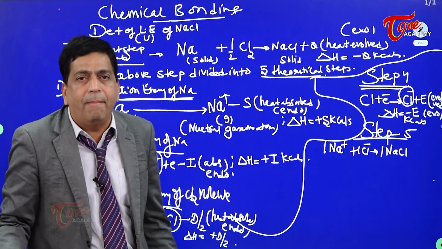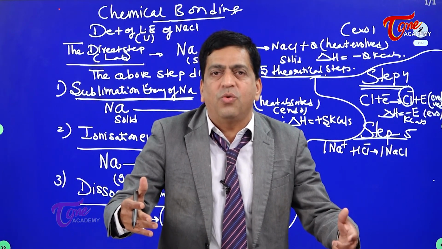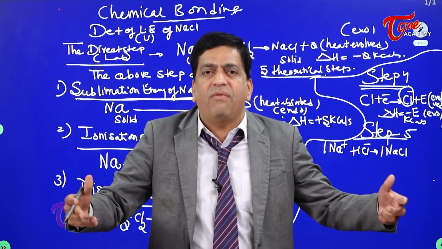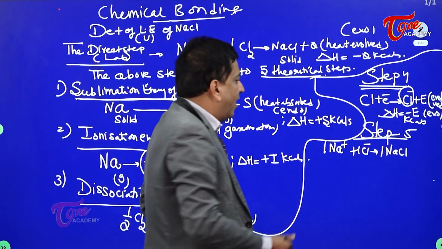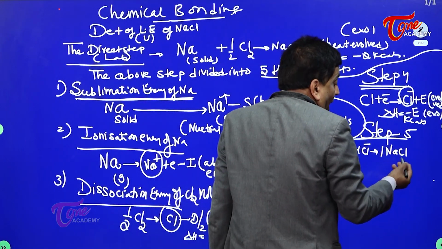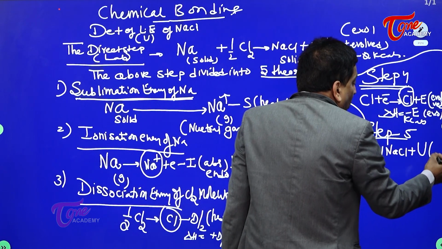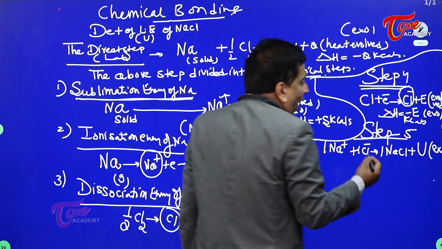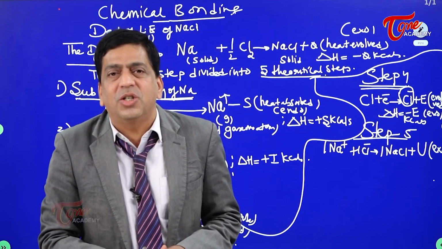No one can stop them. And one mole of positive ions and 1 mole of negative ions combining to form 1 mole of ionic crystal, the energy released is nothing but the lattice energy, and it is exothermic. It's a natural love, plus U. That U is called the lattice energy, you must understand.